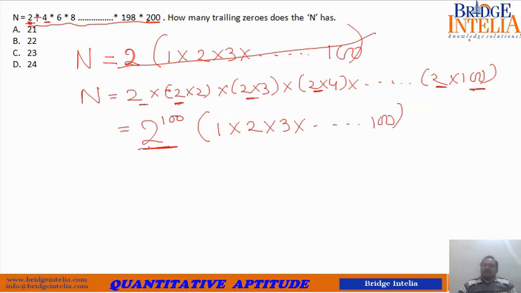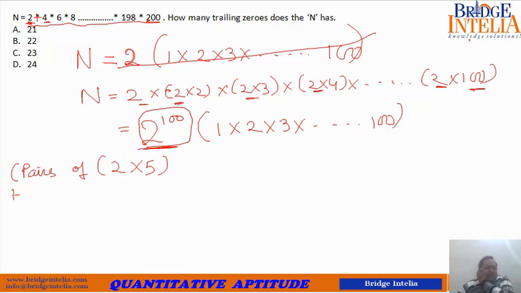So you can see that too many powers of 2 are available. So we have to form pairs. We have to form pairs of 2 and 5. So you see, many powers of 2 are available. So you need not worry about powers of 2. We have to basically find out powers of 5.